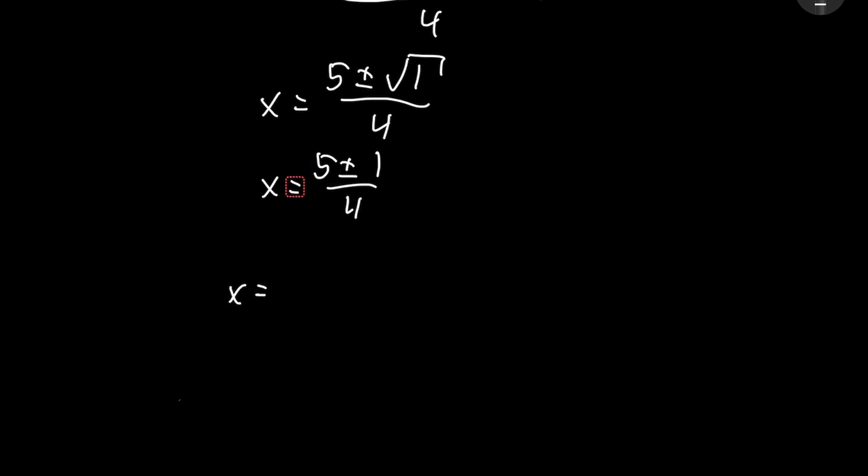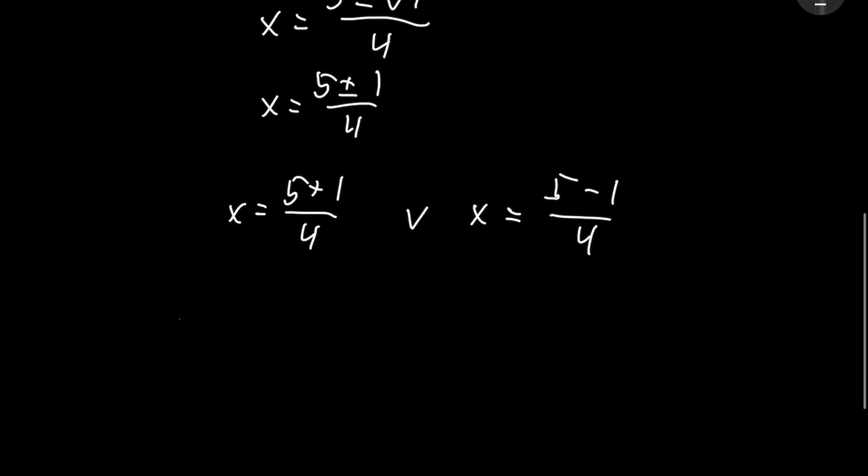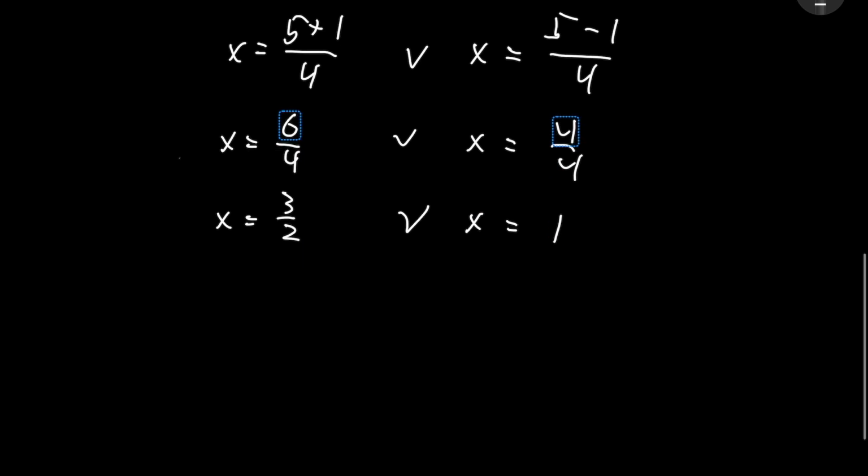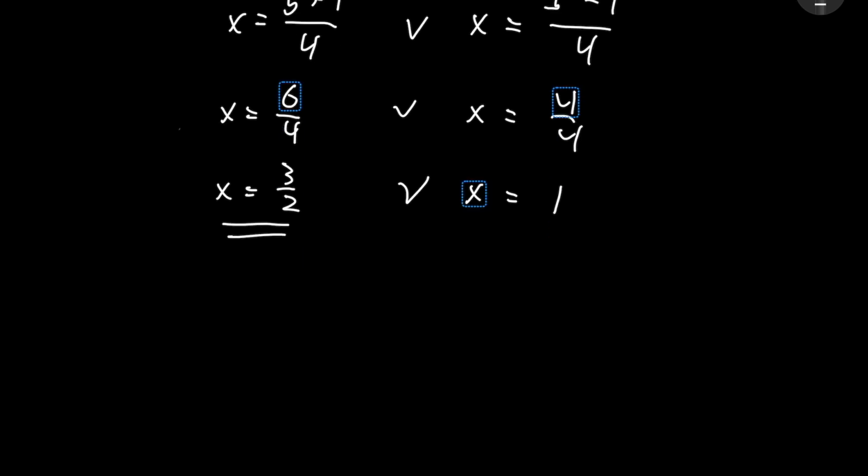So x equals 5 plus 1 divided by 4, or x equals 5 minus 1 divided by 4. x equals 6 divided by 4, which is the same as 3 divided by 2, or x equals 5 minus 1, which is 4 divided by 4, x equals 1. So here we have our two answers, x equals 3 divided by 2, or x equals 1.